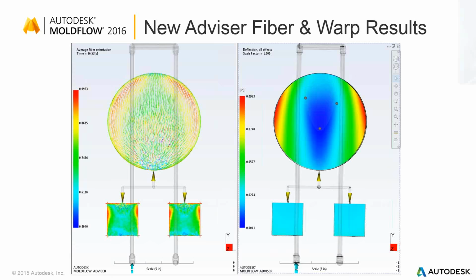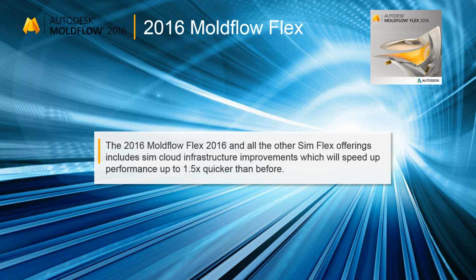For the Moldflow Flex offering, I think in the next slide I will talk a little bit about the repackaging. Oh, actually no, I took the repackaging slide out because it was already talked about earlier. But one of the things we've done is update the machines that are in the cloud.